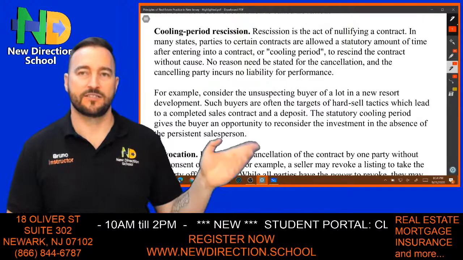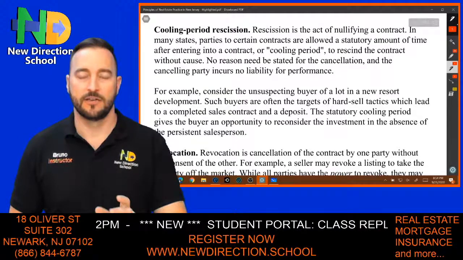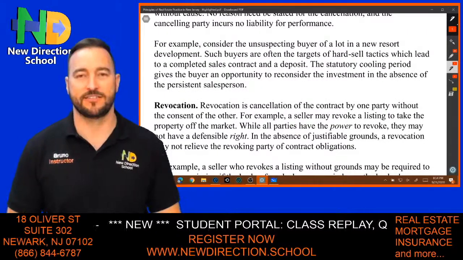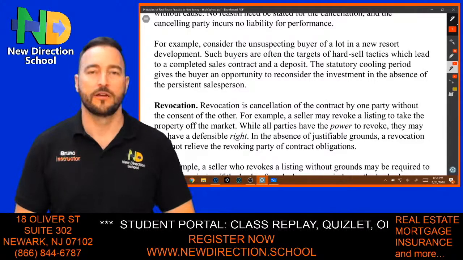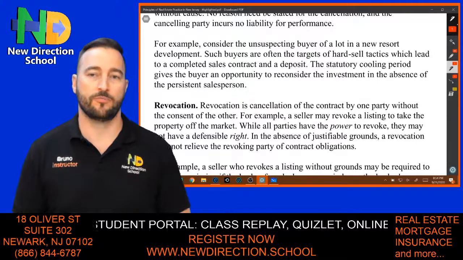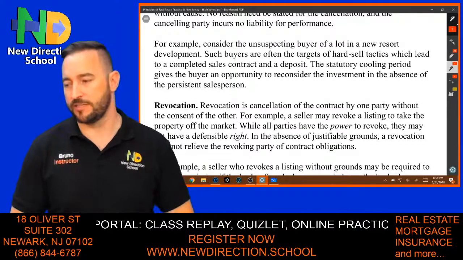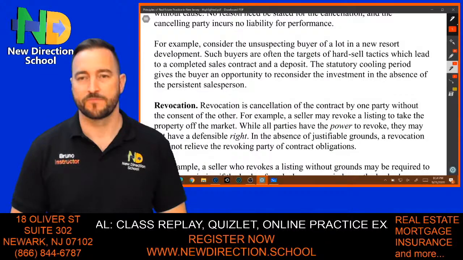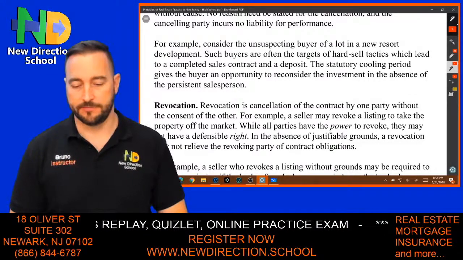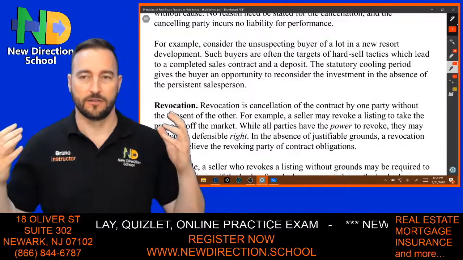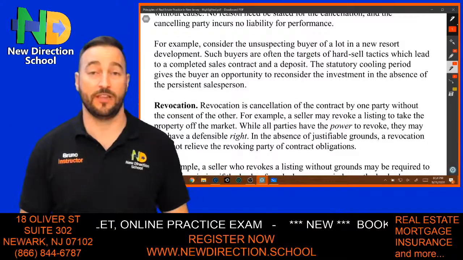So the statutory cooling off period gives the buyer an opportunity to reconsider the investment in the absence of that persistent salesperson. In New Jersey, again, it's 3 business days for local properties. If it's out-of-state properties, it's 7 business days. If it's planned new developments, it's 7 business days. We'll go over all this in the final week. But that's the cooling off, where we're not under pressure. We get to cool off and understand what really happened.